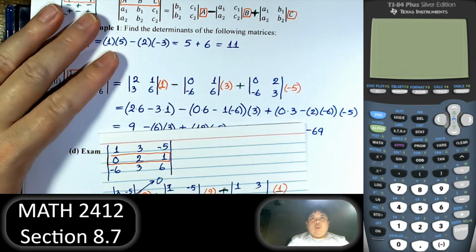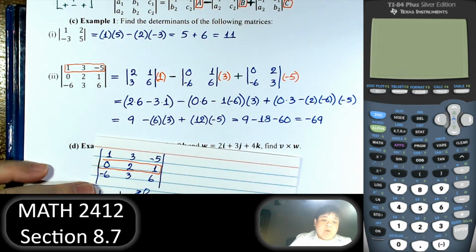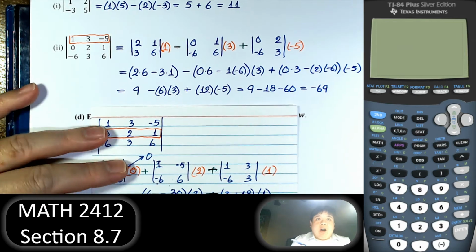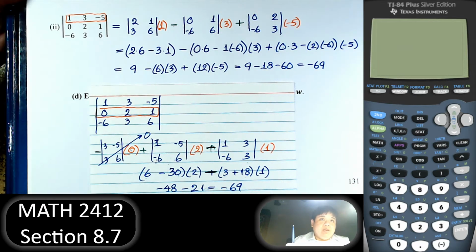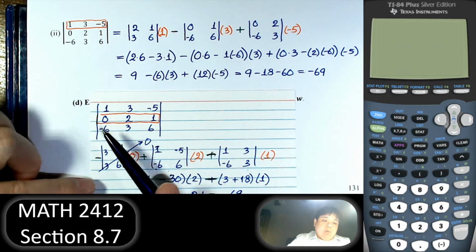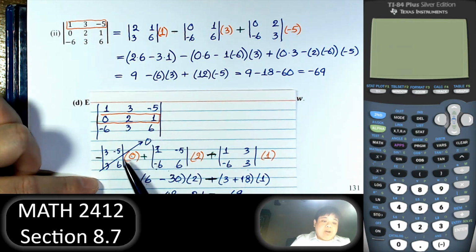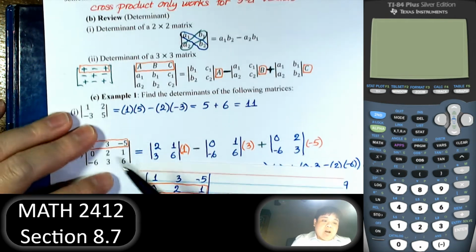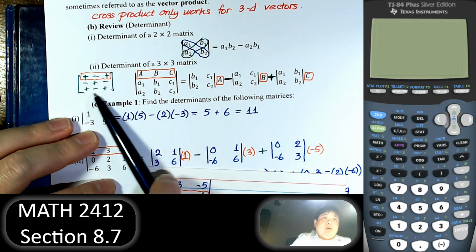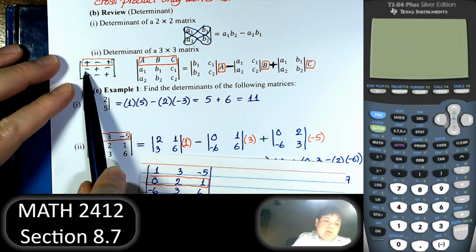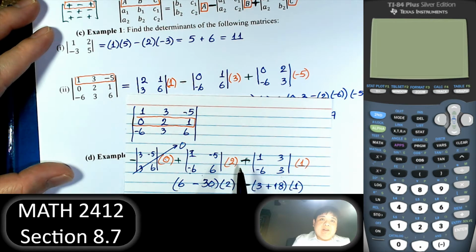So whether we evaluate along the first row or any column is fine. The concept is still the same. When we take out the only entry in that row, make sure the sign corresponds to the sign chart. Since we pick the second row, the sign will be negative, positive, and negative.